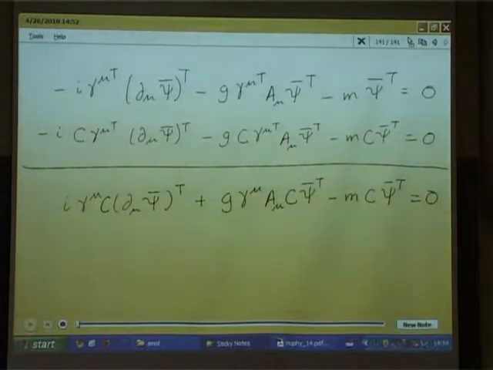Now these two equations should be identical. When will they become identical? The last term actually already is identical. If you look at this term, this will become identical if C times gamma mu transpose is equal to minus gamma mu times C.